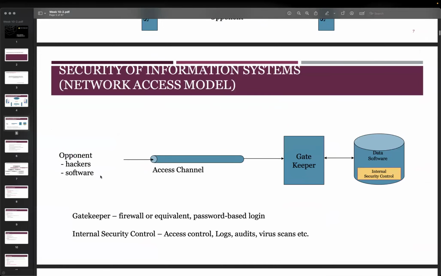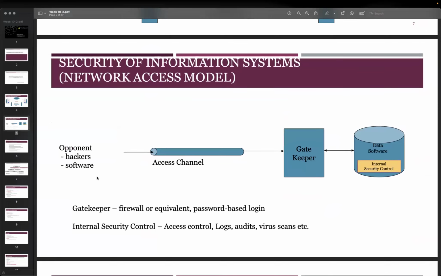The opponents may be hackers or certain software trying to access it through the access channel, and then go through the gatekeeper. The gatekeeper may be your firewall or some software application, and then they try to access your data and software, so here we also add some internal security controls.